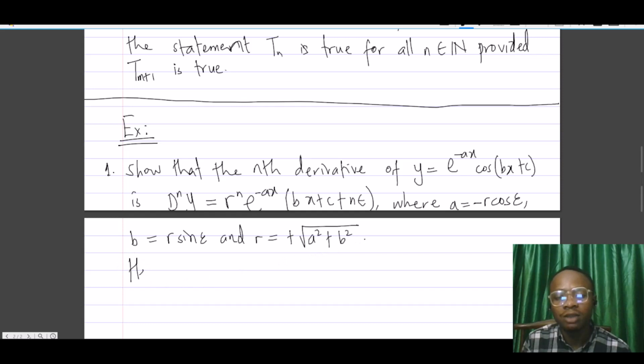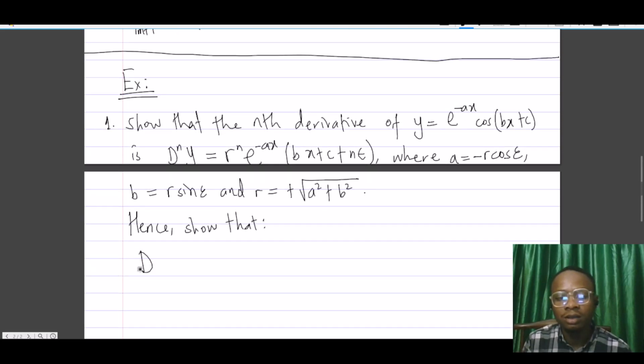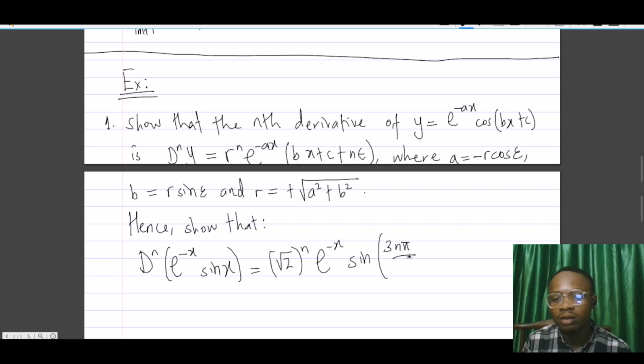And having established that, we're now asked to hence show that the nth derivative of e to the power minus x sine of x equals root 2 to the power of n, e to the power of minus x, then sine of (3n pi over 4, then plus x).